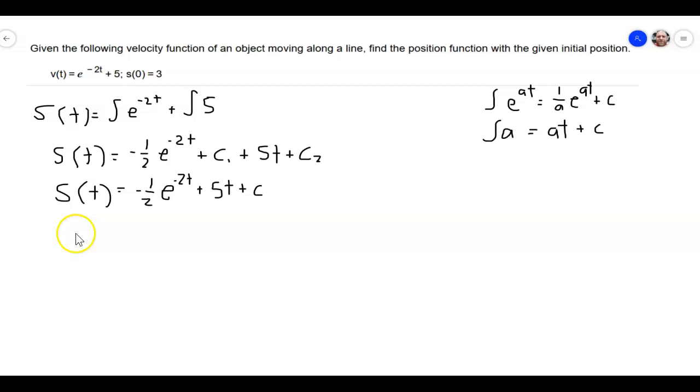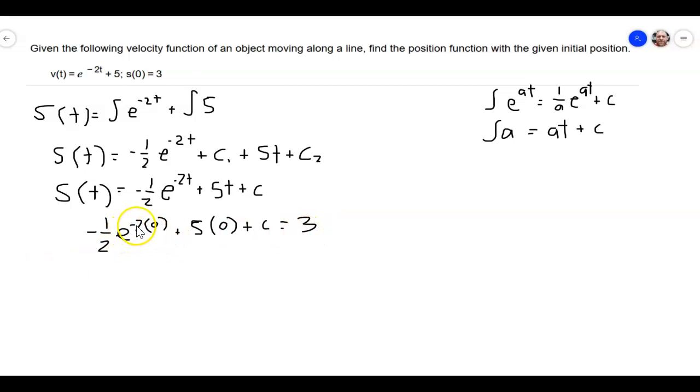So when I let my variable t equal 0, we're going to plug a 0 in here: negative 1/2 e to the negative 2 times 0, plus 5 times 0, plus c, is equal to 3. My s's and my 5s look so much alike, I hate that.